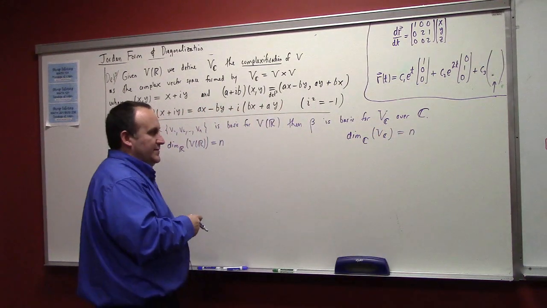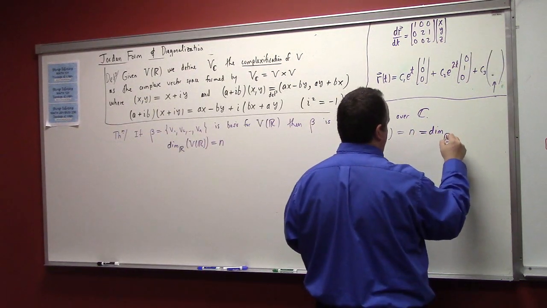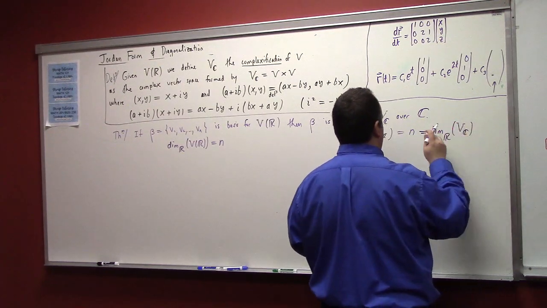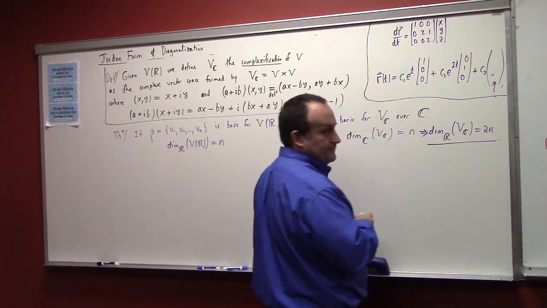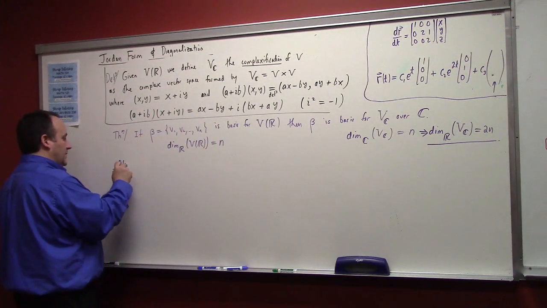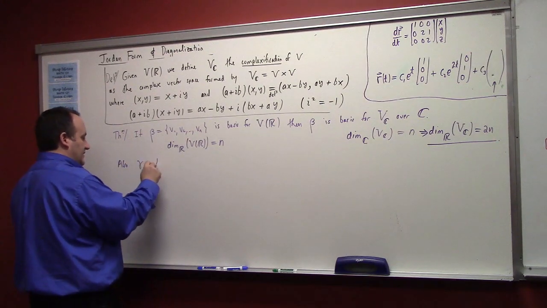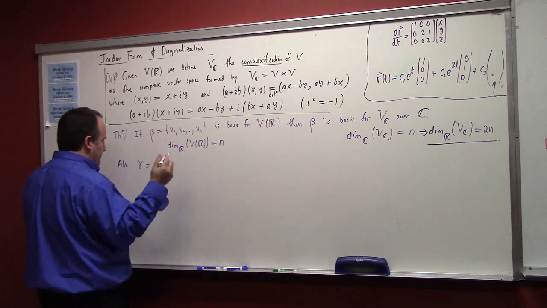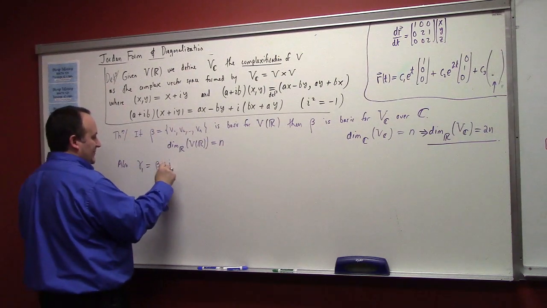Which incidentally is going to mean that if we were to calculate the real dimension of the complexification, we wouldn't have n, this implies it is equal to 2n. So also, there are various ways of writing it. We could do gamma 1 is beta union with i times beta.